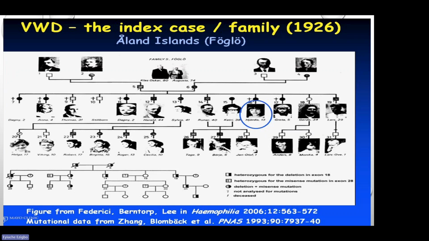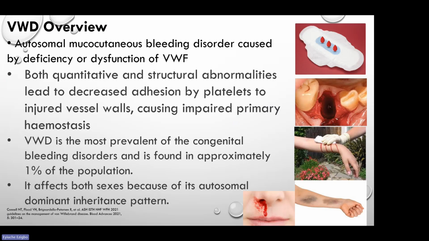So there is a family history of bleeding in this family. That is what we can take from that aspect of the history.